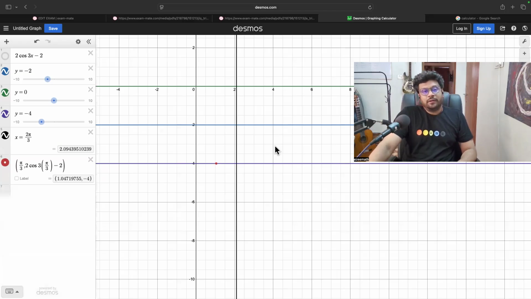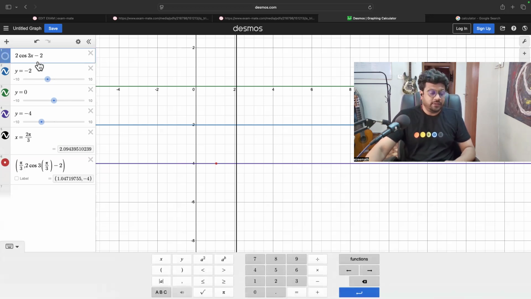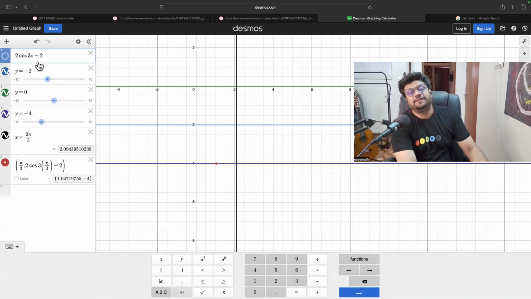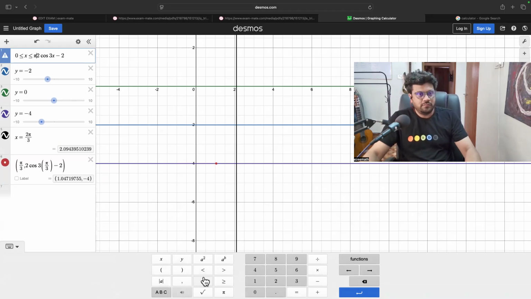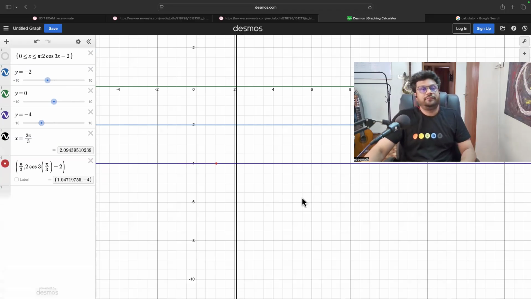Now, how do I start sketching the curve? I'll put up the limits also. The domain, I say, is supposed to be between 0 and pi. Let's take a 0 and pi on the domain. There. Okay.